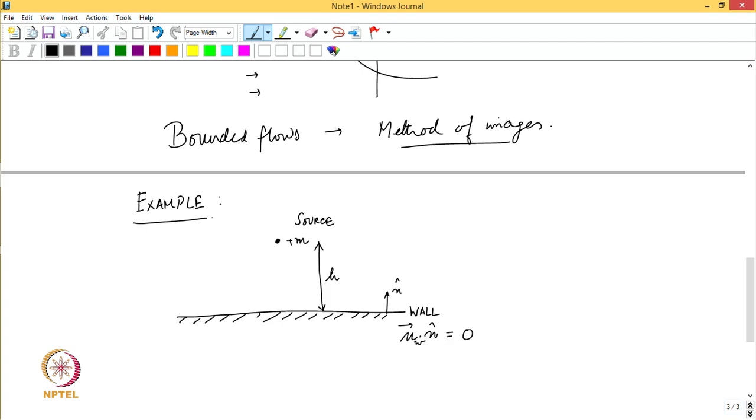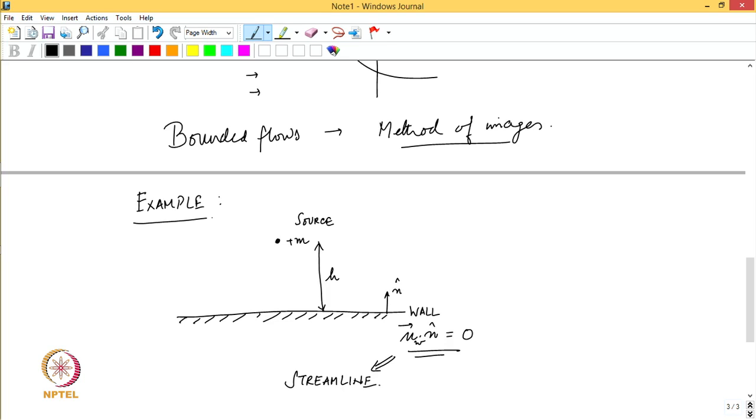So clearly, if this is the case, then I could say that this wall surface is a streamline. After all, that is how we define a streamline: it's a line across which there cannot be any fluid flow.